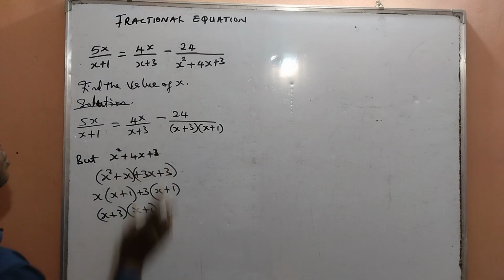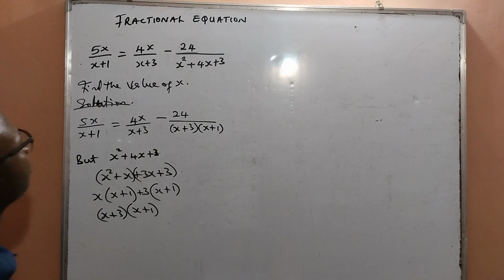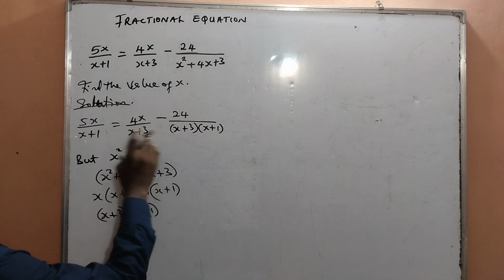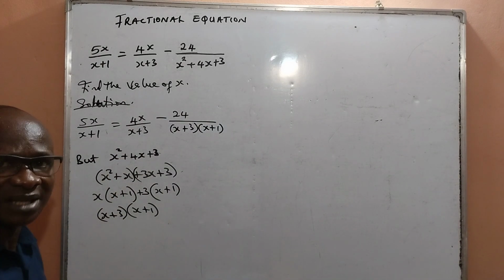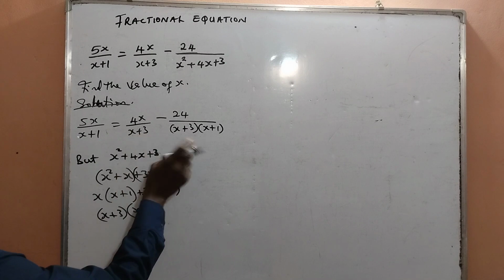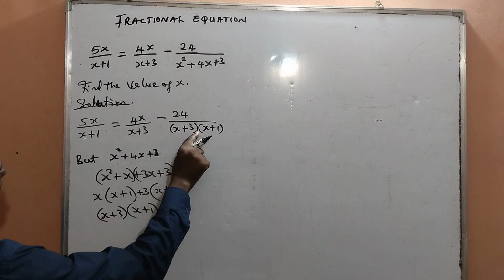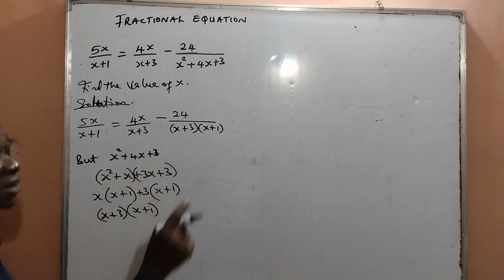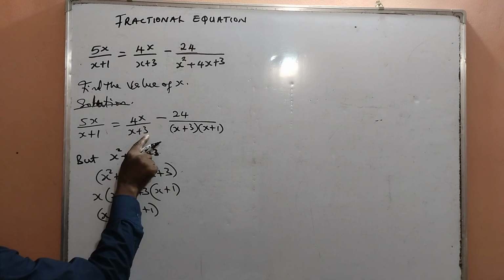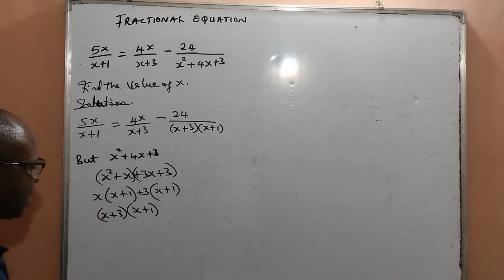Now we want to move forward. What will we do? I will find the LCM of the right hand side. The LCM of the right hand side is x plus 3 into x plus 1, because x plus 3 here is a factor of what we have here.